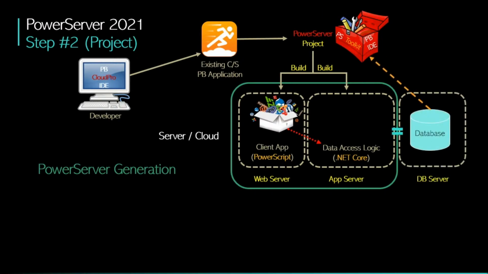In order to do this, the PowerServer Toolkit is going to need a connection to the database. This is important: you need to install the 32-bit driver for whatever database management system you're going to interface with during this generation, because the PowerBuilder IDE is 32-bit. So we need 32-bit access to that database, because as it scans through your client application, it's going to compare the SQL to the actual database schema that the target is for.